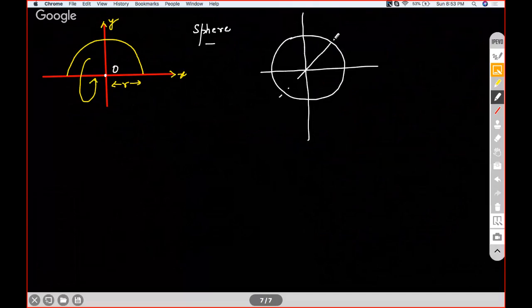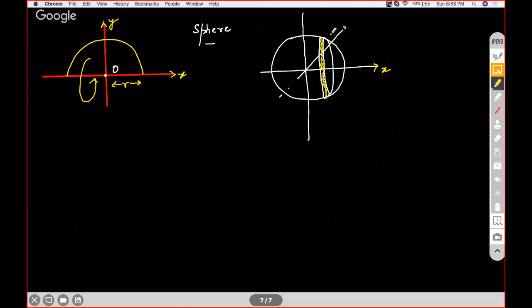You take a thin disc like this, of thickness dx. This is your x-axis. Now what will be the r?